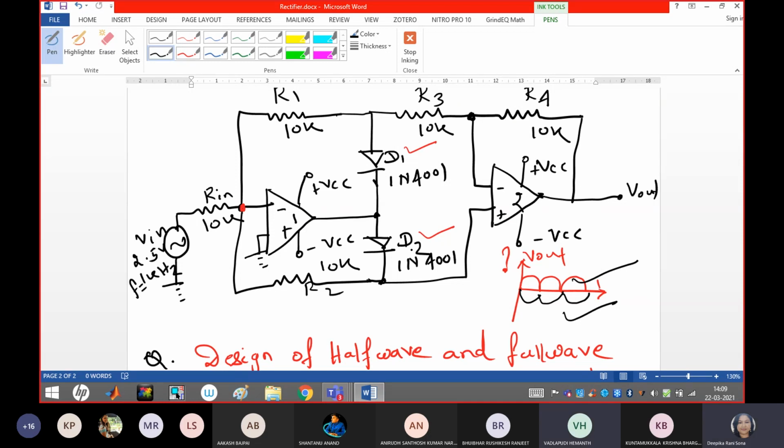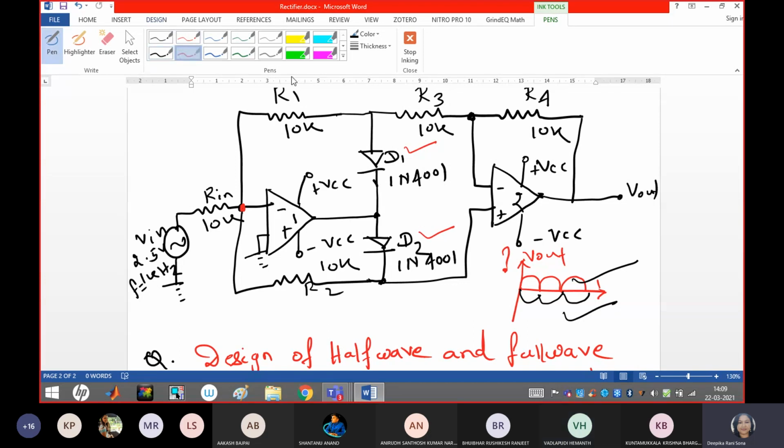Ma'am, like this D1, where will the diode be available? No, the name D1 is not that. I told it only to understand the concept. But in the available parts, how you search for op-amp, no? In that you can type 1N4001. If it is not available, you can take 1N4007 for your version of the circuit.